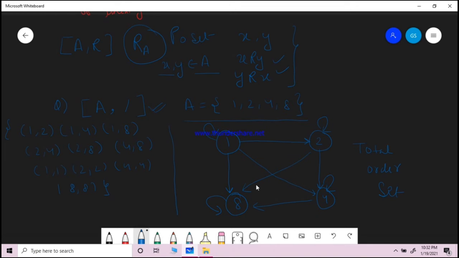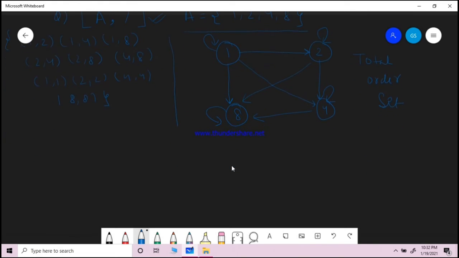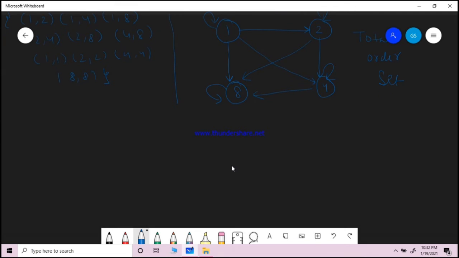They are connected to each other. So this is how we represent a TOSET, meaning total order set. And let's move to another example. Simply, any poset in which all the pairs are connected to each other, you can say that this is a TOSET or total order set.